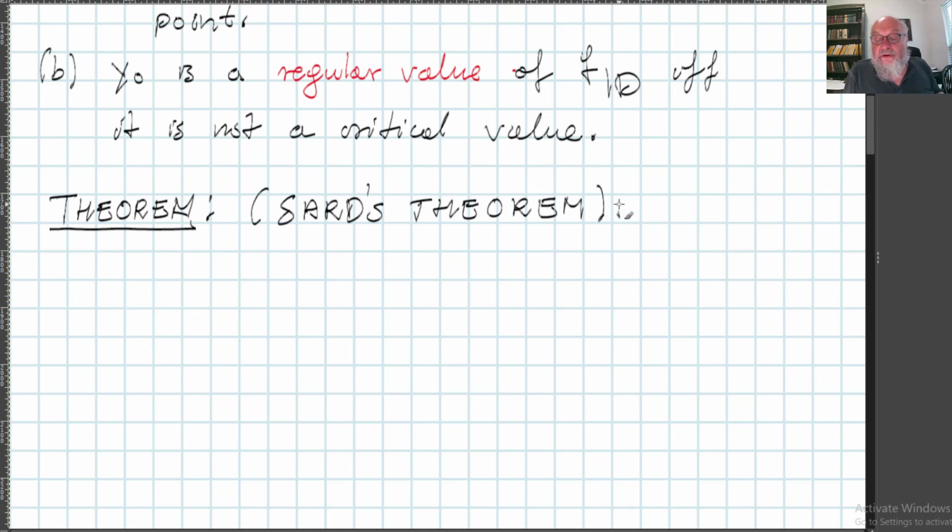I formulate this theorem only in the generality that we need here, so you should look into the more general formulations of this theorem. However, for our purposes, it's enough to have this formulation.